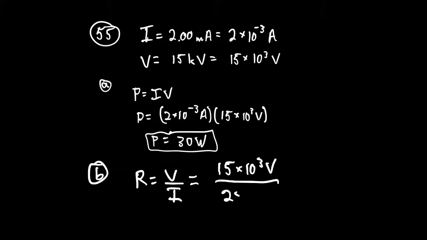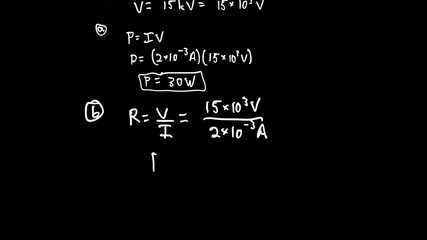I is still 2 times 10 to the negative 3 amps. So R, the resistance, is 7.5 times 10 to the positive 6 ohms.